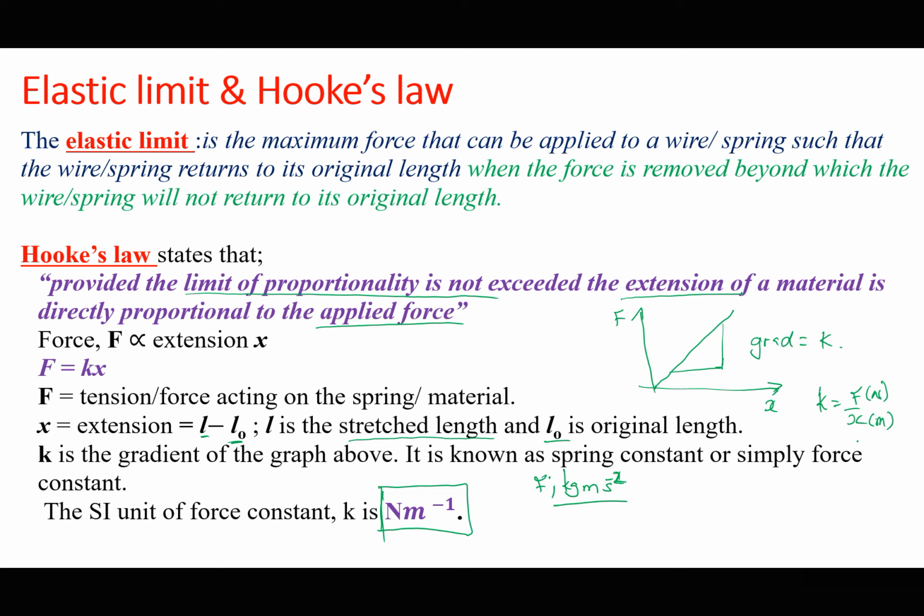Then divide by x, which is meters. So it means Newton per meter is the same as kilogram per second squared.